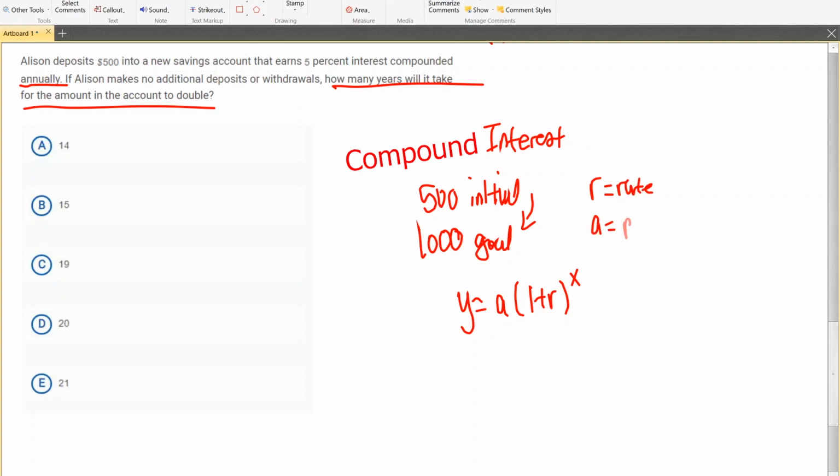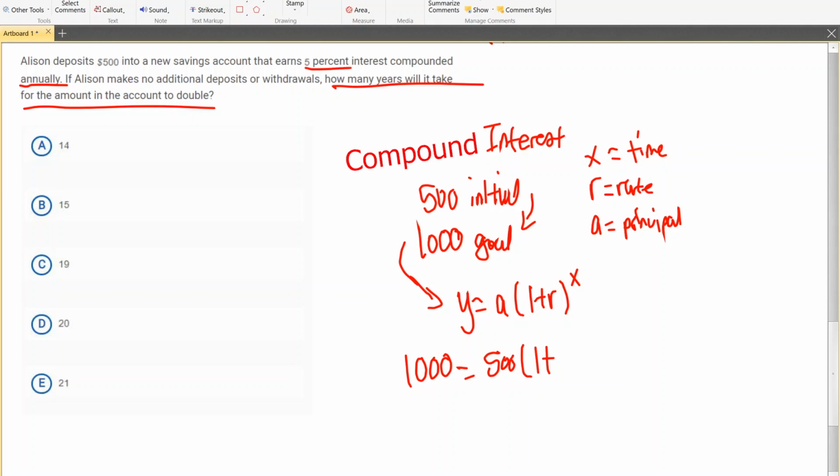And a is principal, x is time. So in order to reach this goal, in order to solve for the time, we need the goal. So we should plug that goal into y. That's the amount we are looking to get. 500 is the initial. 1 plus, now what's r?